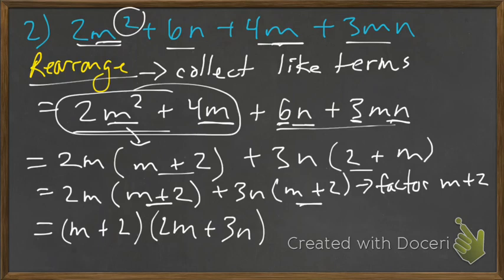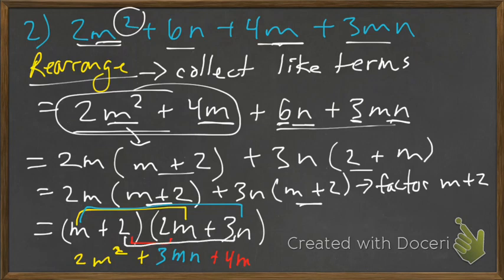Now if we really wanted to, we could go back and FOIL this out. Let me use a different color for that. So that would be 2m squared plus first, outside, 3mn, plus 4m, and last, plus 6n.